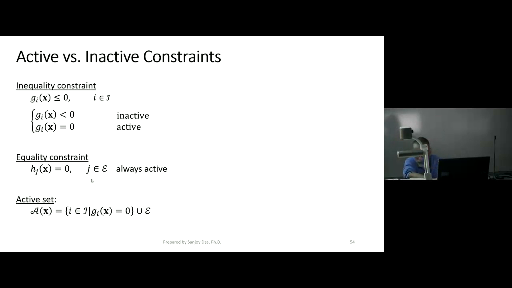Well, it's just a small point and not important. All we need to remember is equality constraints will always be treated as active constraints. Okay, and inequality constraints may be active, that is operating on the boundary, or they can be inactive.